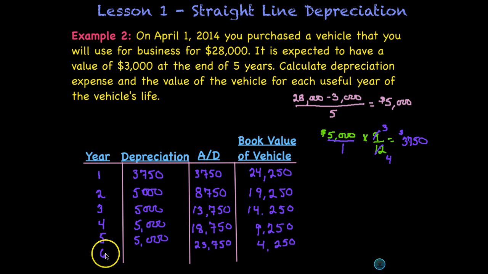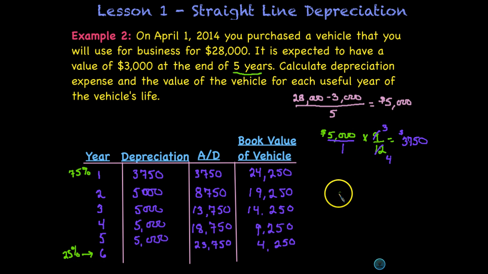So why do I have a 6th year here? Why do we have an extra year when the useful life should only be 5 years? Well, hopefully you're looking at year one and saying, well, we didn't actually depreciate it for the full year. We only depreciated 75% of the year. So that means we still have to make up that extra 25%, and that would be in year 6.